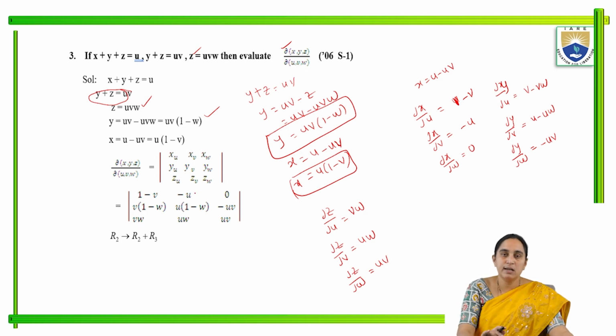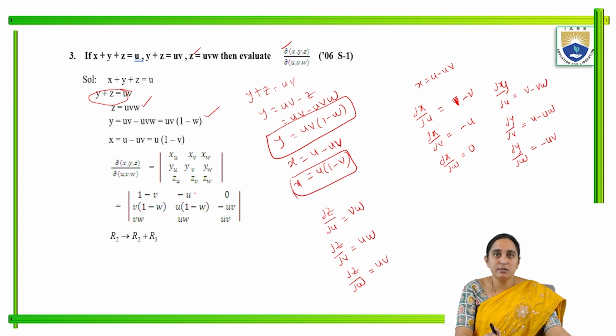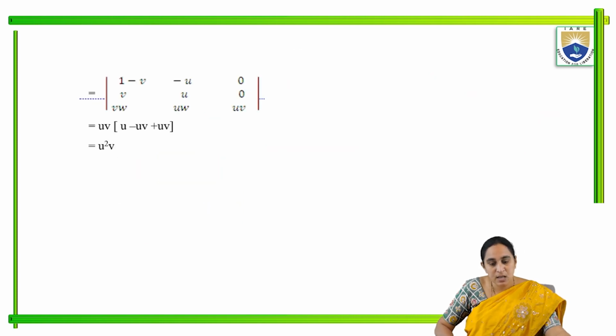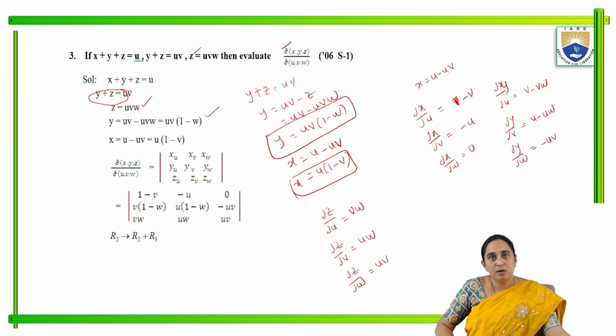We can determine the given 3 by 3 determinant directly, or else use row operations.